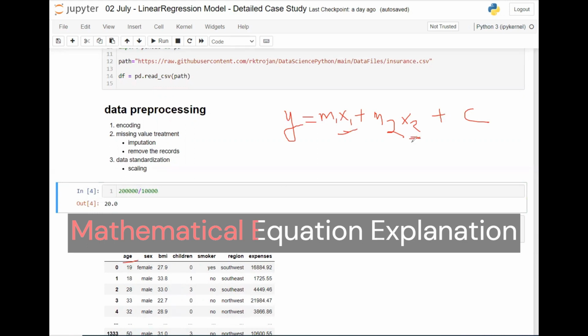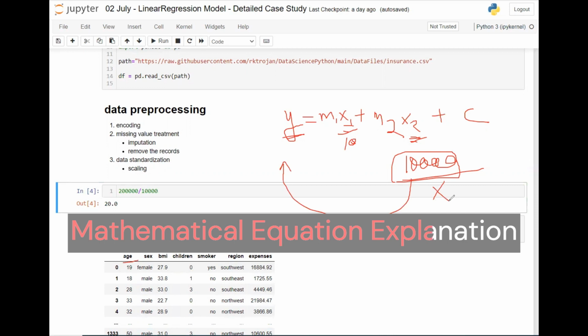Now, if my salary is on the scale of lakhs and you put that value in this equation, and x1 is on the scale of only 10, the final output will always be dominated by x2. Y will be highly proportional to x2, because it's a very big value in the mathematical equation. We should not have that happen. So we need to scale this feature to the level of the other features. That is something very important we should take care of.